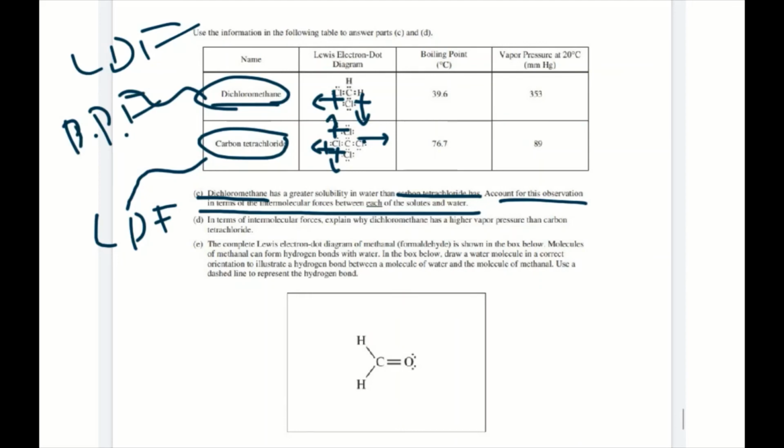And this would explain why the dichloromethane is more soluble in water than carbon tetrachloride, because for carbon tetrachloride, it can only form LDFs between itself and water, and these LDFs that form between CCl4 and H2O are weaker than the hydrogen bonds that are broken by the water in the first place.